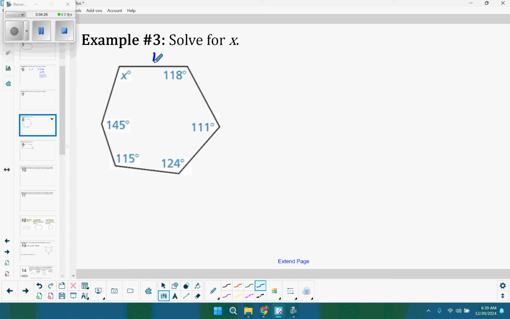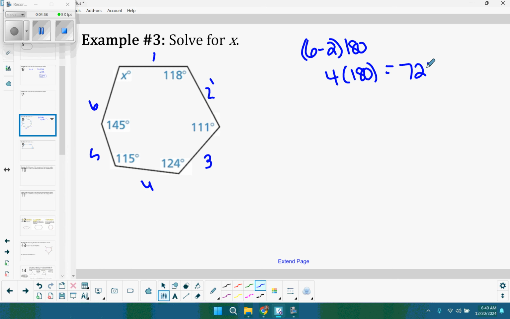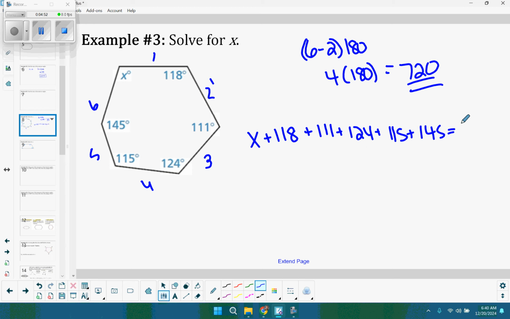For example 3, I have a hexagon. So I know that I'm going to do 6 minus 2 times 180, or 4 times 180 to get 720. And this is what the whole hexagon adds to. I have individual angles in here. So x plus all of those should equal the 720.